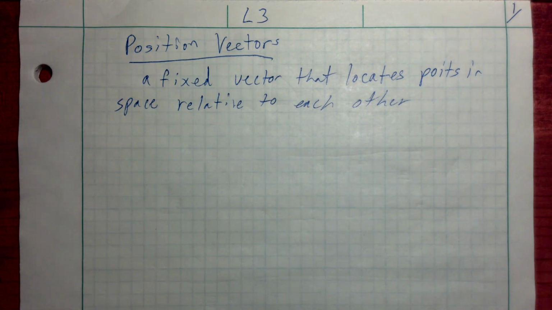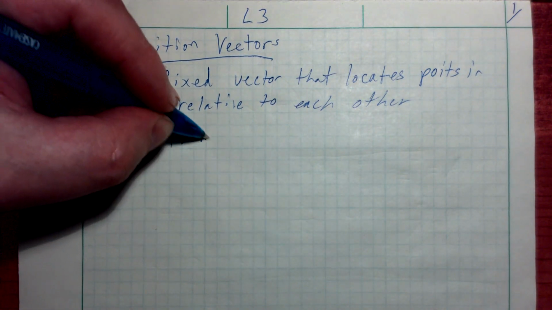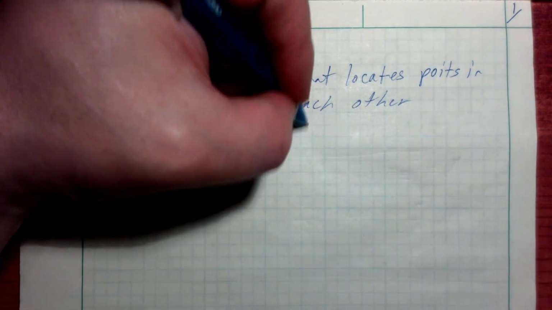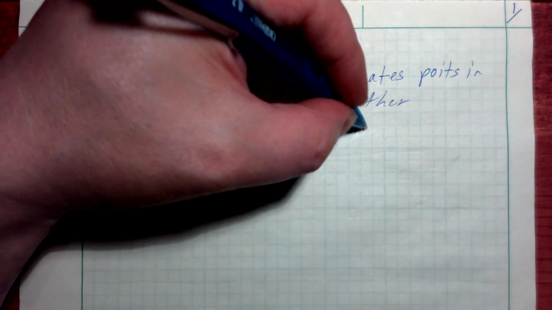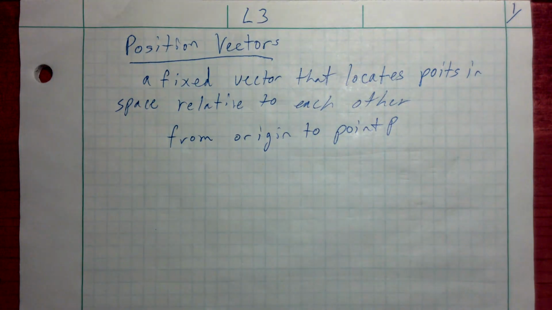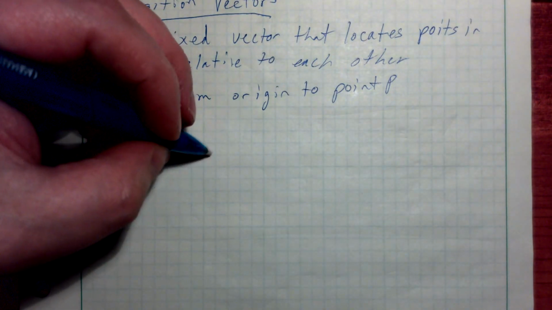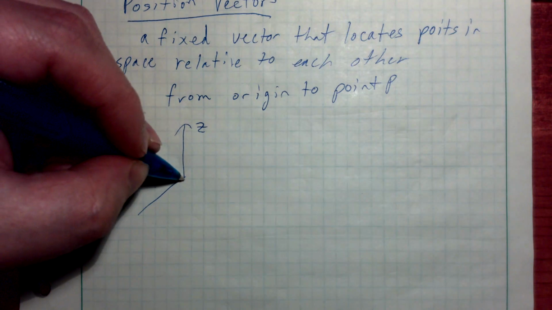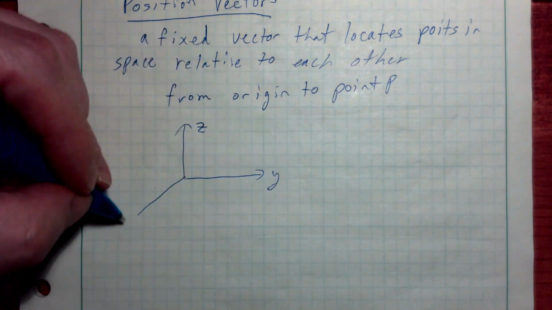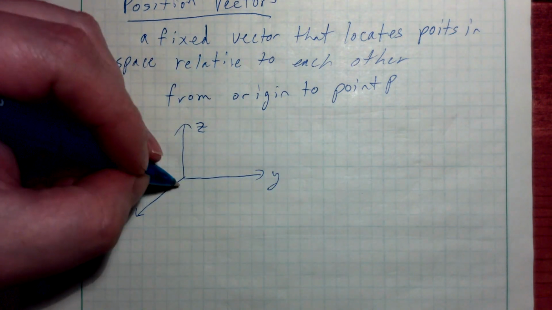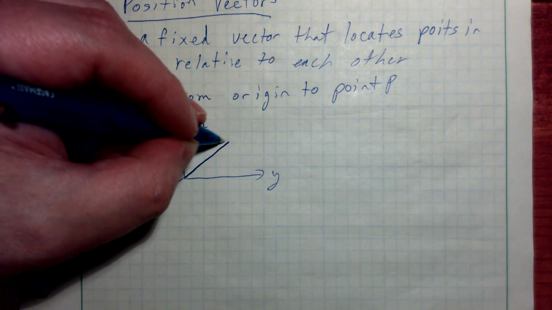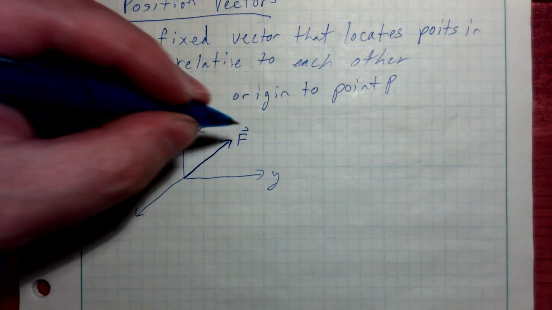So if I'm going from the origin to some point P, for example, so just quickly, Z, Y, X, and I've got, like I did in the last problem, some vector, we'll say vector F, some force vector.